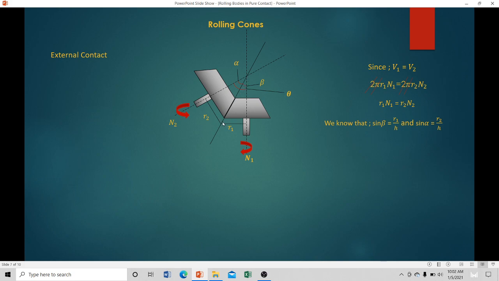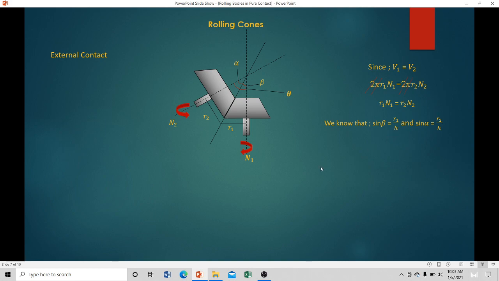For sine alpha, we have R2 over H, where R2 is the opposite side and H is the hypotenuse.